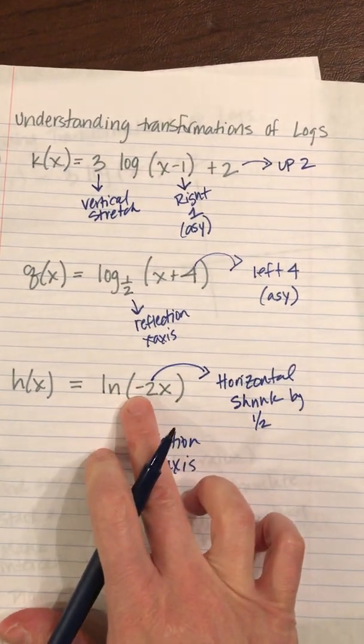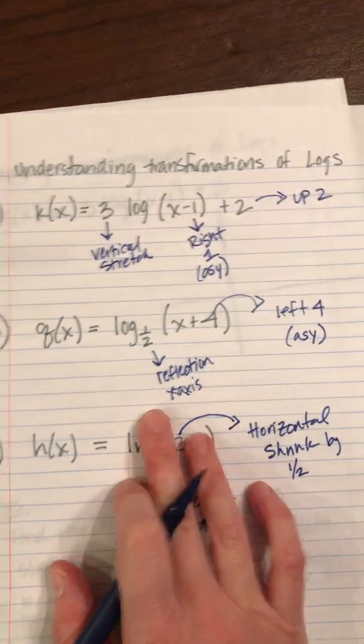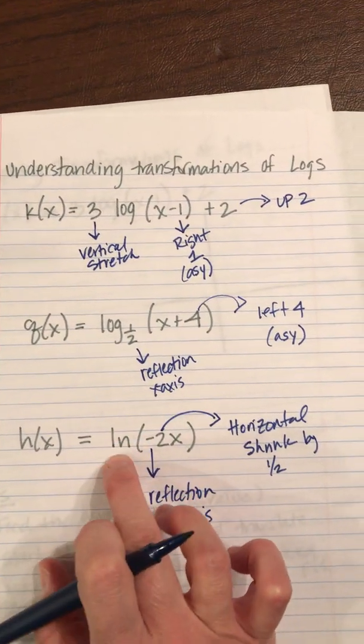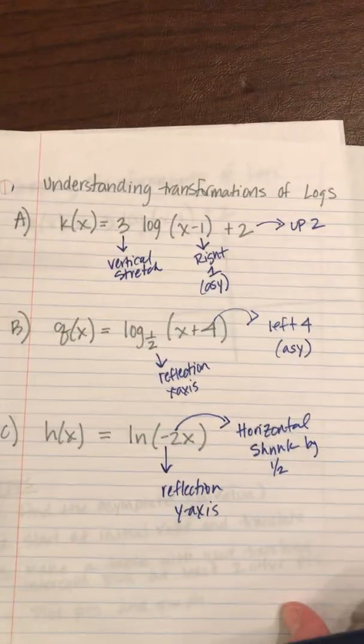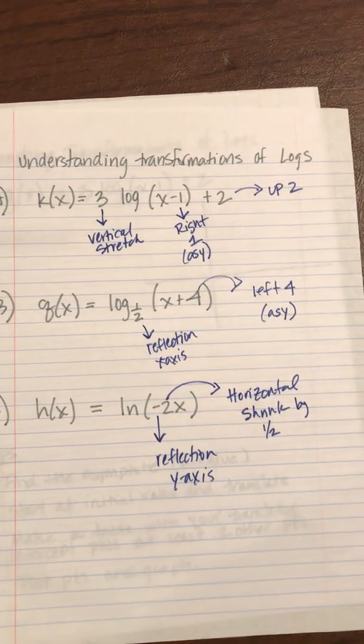So again, that's what the negative does and what the 2 does to my overall log function. And natural log is graphed the same way as a log function, just using natural log instead. All right, let's go through some graphs of some log functions so I can show you exactly what you need to be able to do.